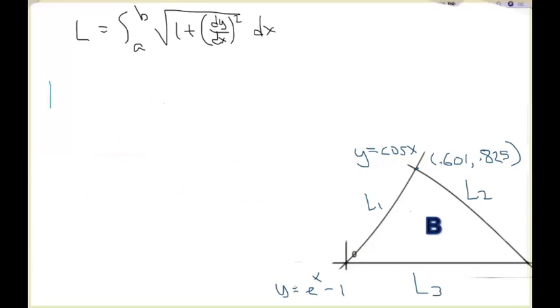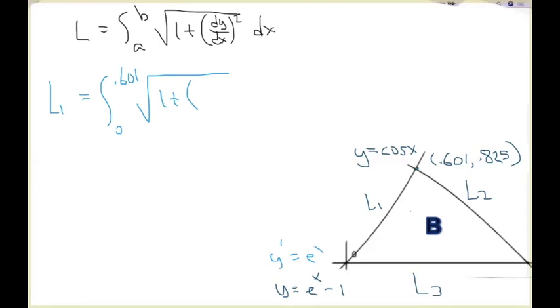Length 1. We're looking at the integral from 0 to 0.601 of the square root of 1 plus, okay, let's see, I need that exponent. We're talking about the exponential equation. The derivative of that is just going to be e to the x.